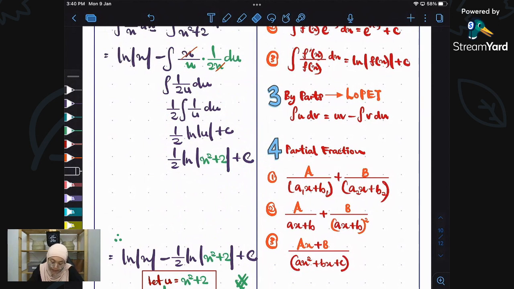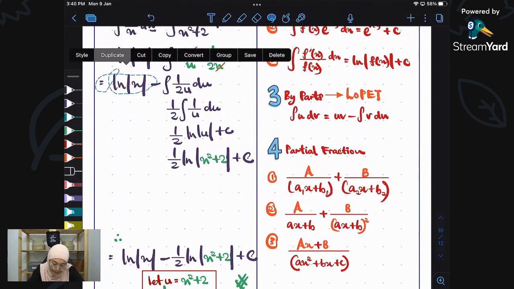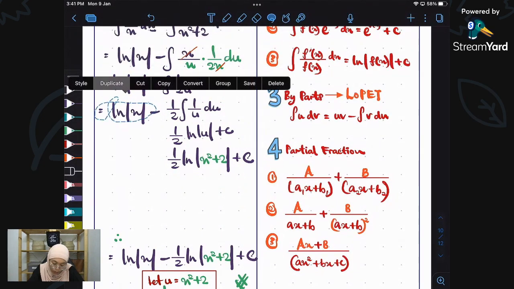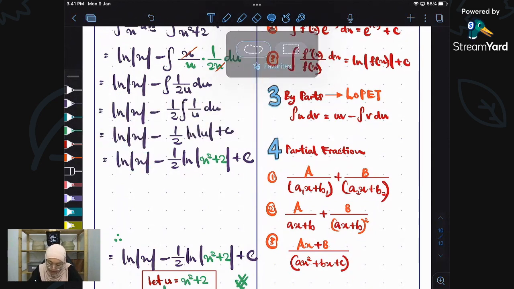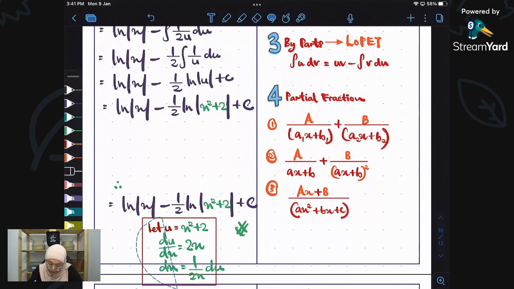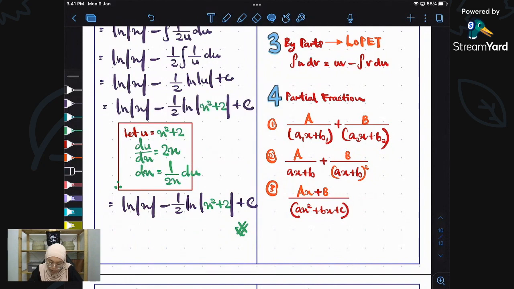So basically I need to duplicate this, tulis setiap step wajib ditulis ln x sampailah penghujungnya ln x minus the final answers. Okay, so basically itu je sebenarnya technique of partial fraction.